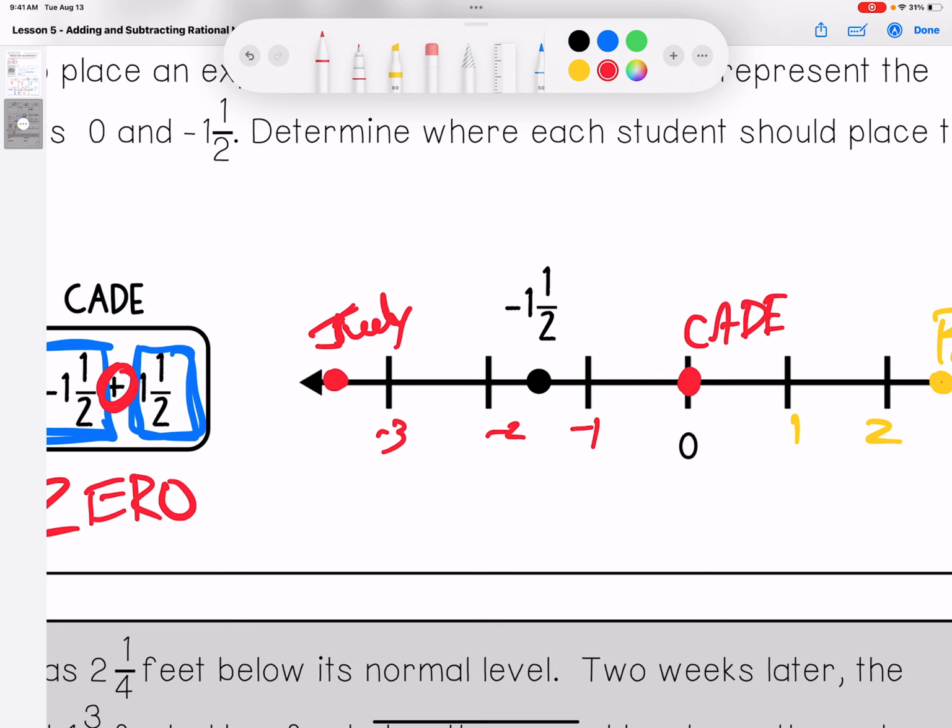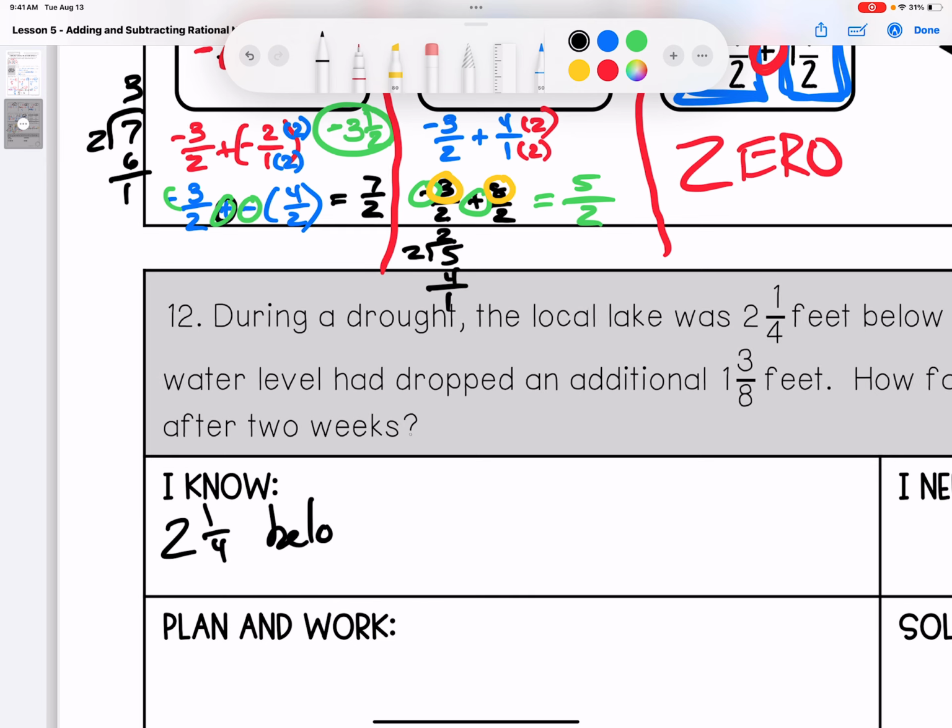All right, what do I know? Here's what I know. I know that it was 2 1/4 feet below normal. And then I also know that it dropped another 1 3/8.